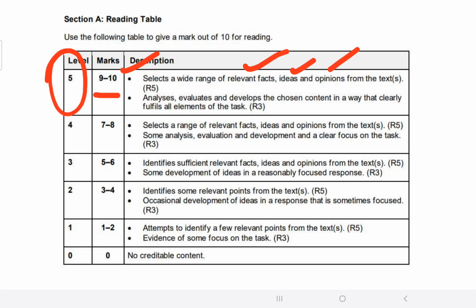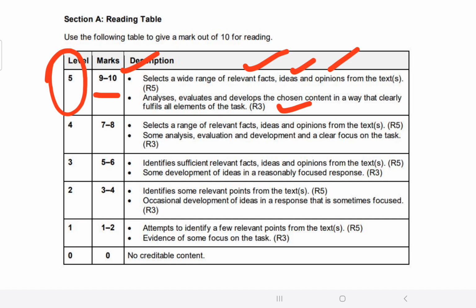So select a wide range of ideas, facts, opinions, and then second, analyzes, evaluates and develops the chosen content in a way that clearly fulfills all elements of the task.